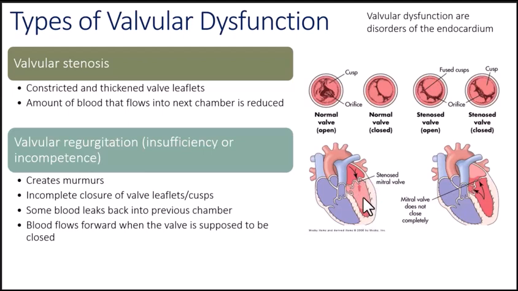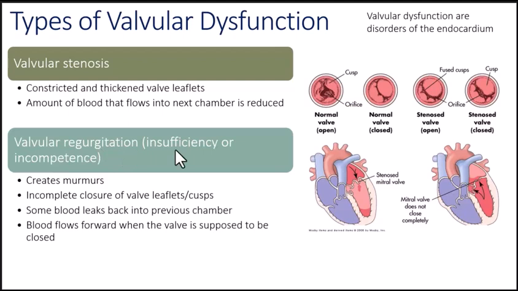It has a more difficult time moving blood, which really should be an easy process, from the atria to the ventricle. And so this will increase the workload of, in this case, the left atria. It's going to have to work harder now to move blood past this diseased valve into the next chamber. And so the chamber just proximal to that affected valve can undergo hypertrophy and some of the other changes that we see when the heart muscle has to work harder than it should.